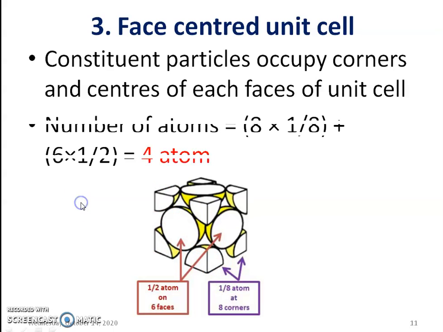So the total number of atoms is 8 into 1/8, for corner atoms, since there are 8 corners and the contribution of a corner atom is 1/8. So this is 1, plus 6 into half, since there are 6 faces and the contribution of a face atom is half. So 6 into half is 3, and 3 plus 1 is 4. It means in a face centered unit cell, altogether there are 4 atoms.